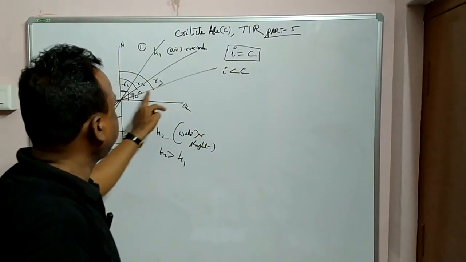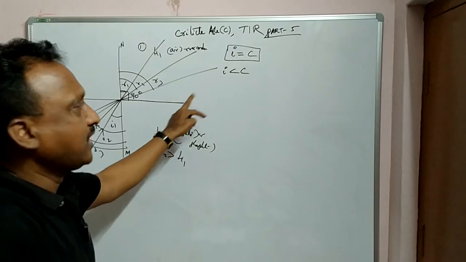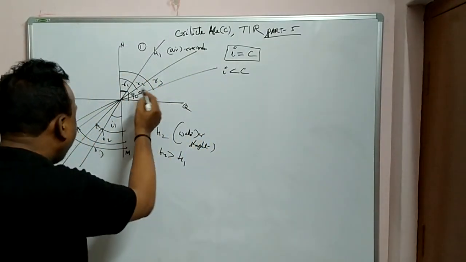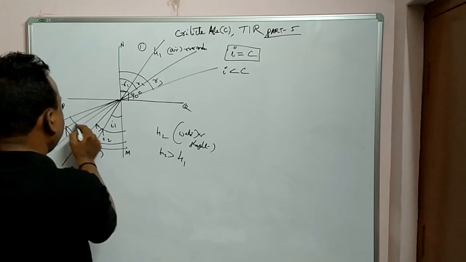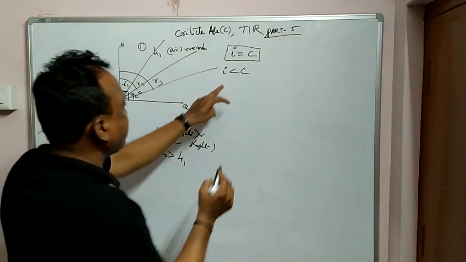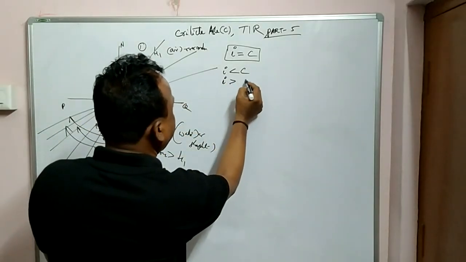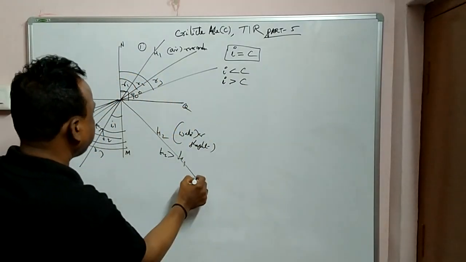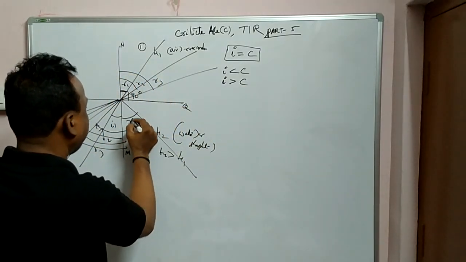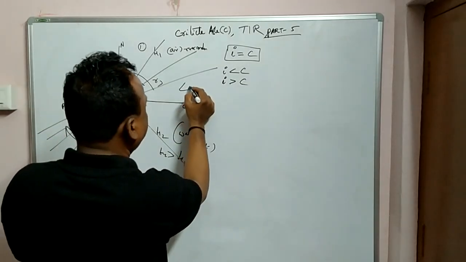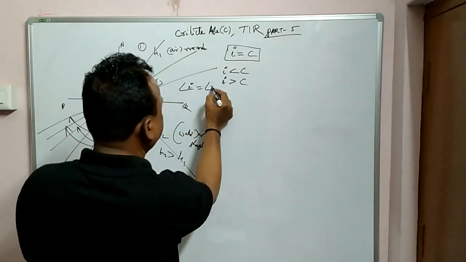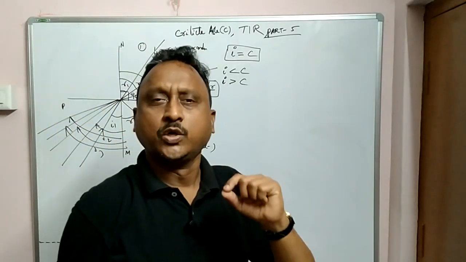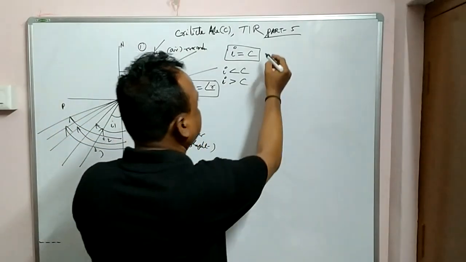If it is equal to C, you can see it is grazing the surface, making 90 degrees with the normal. If I go on increasing the angle of incidence more than C, the critical angle, then the light comes back as r. Therefore, from the laws of reflection, angle i is equal to angle r. This phenomenon of light is called total internal reflection, TIR.